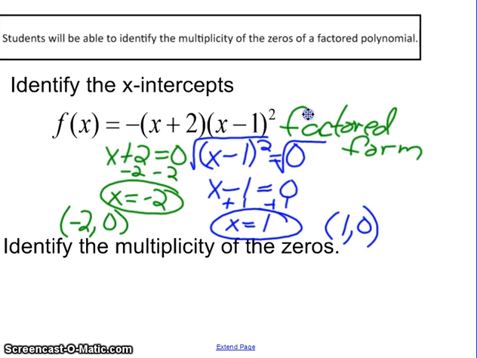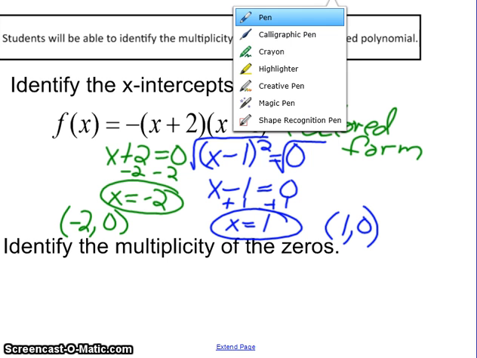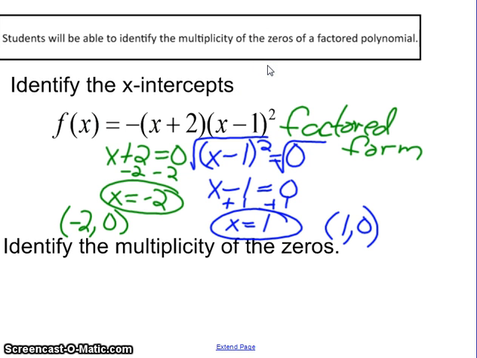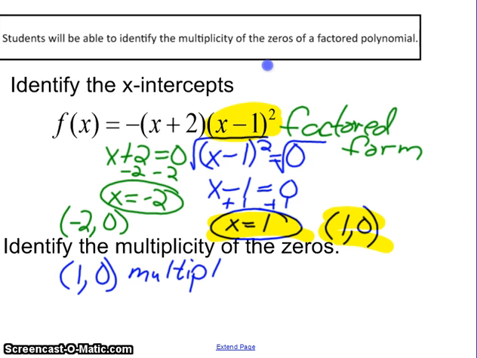Identify the multiplicity of the zeros. All right, well, here's what that means. Since I have a power of 2 on the factor that gives me 1, we say that the coordinates 1, 0 has a multiplicity of 2.